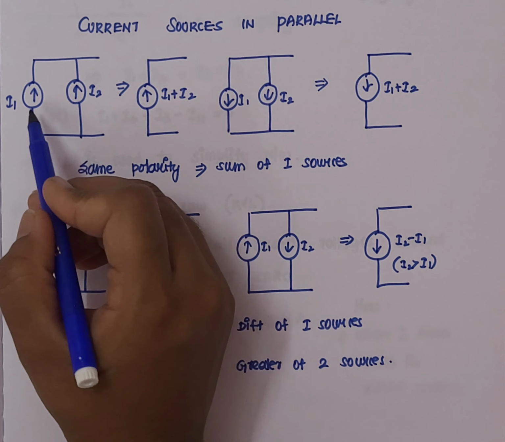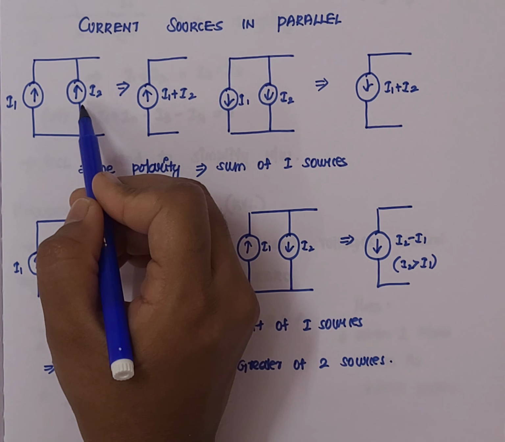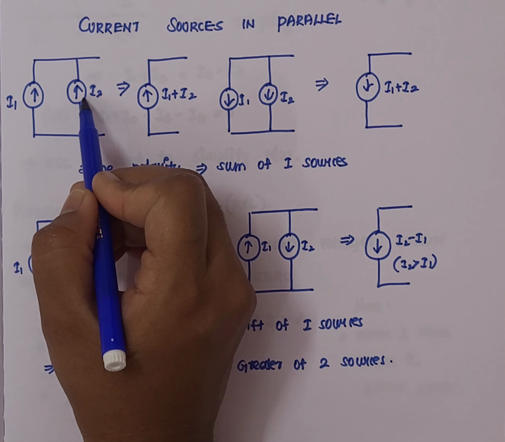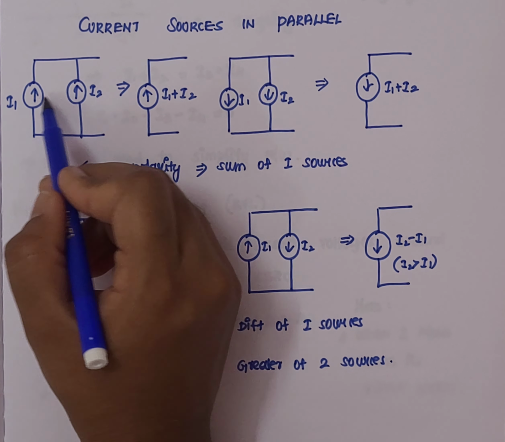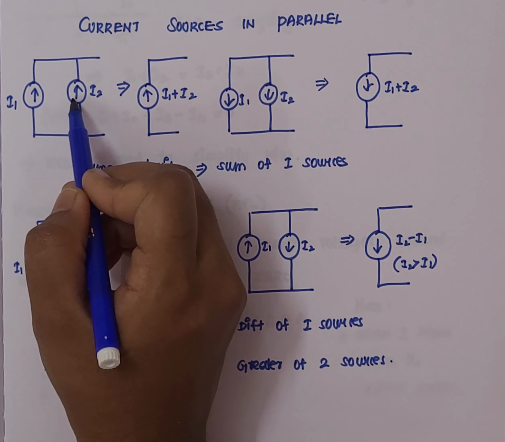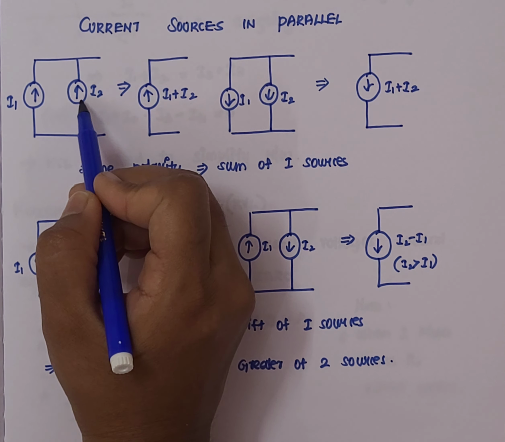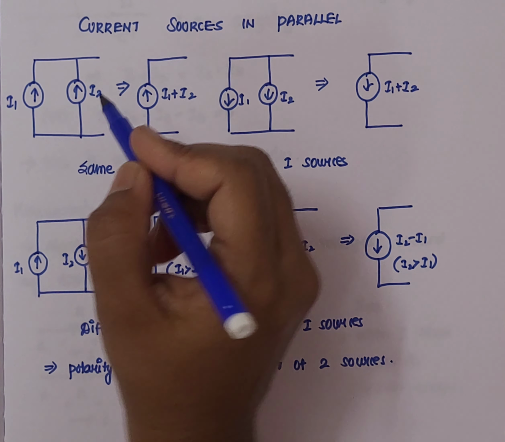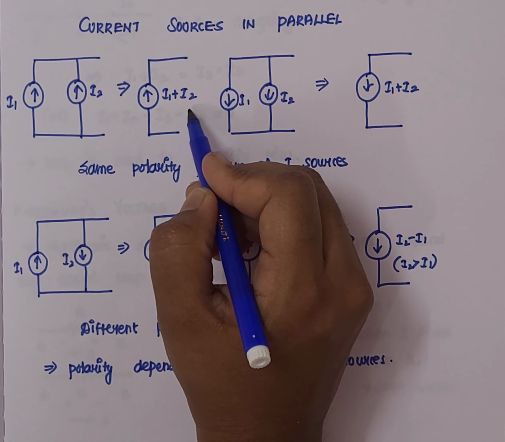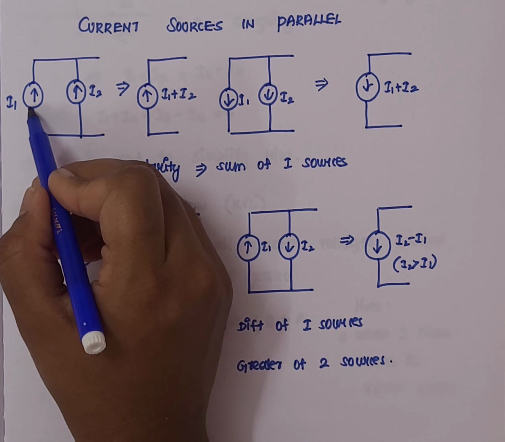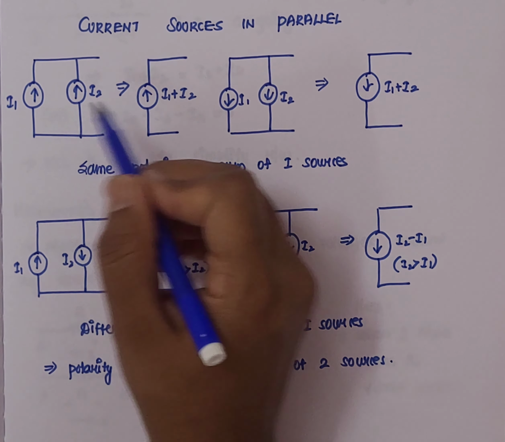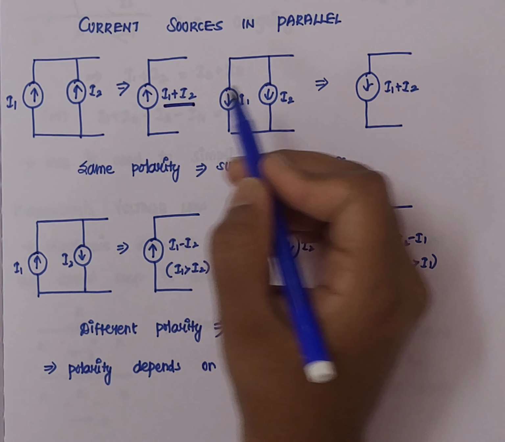So in parallel connection we have two different cases. Under the first case, when I1 and I2 are considered in this way like parallel connection, again the direction remains the same. So same direction and two current sources in parallel connection means it can be replaced with an equivalent circuit having a current source whose value is just the sum of two currents I1 and I2, which is I1 plus I2.